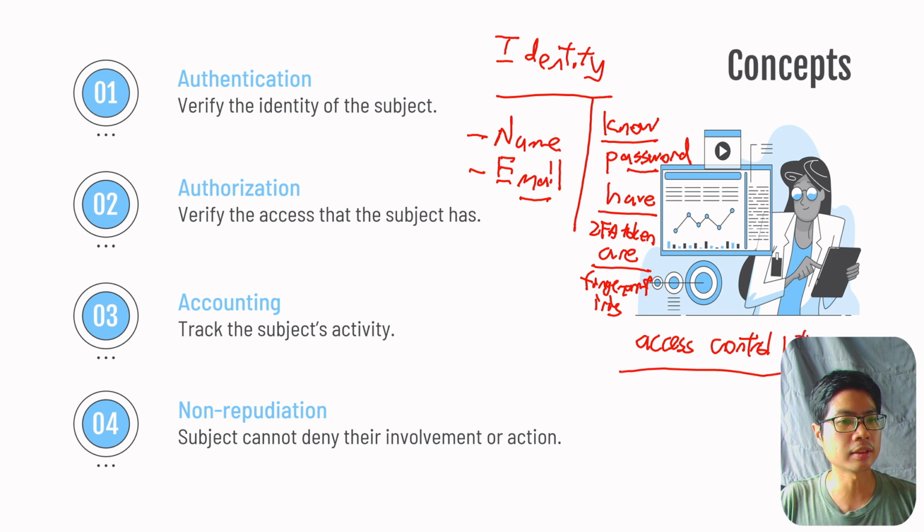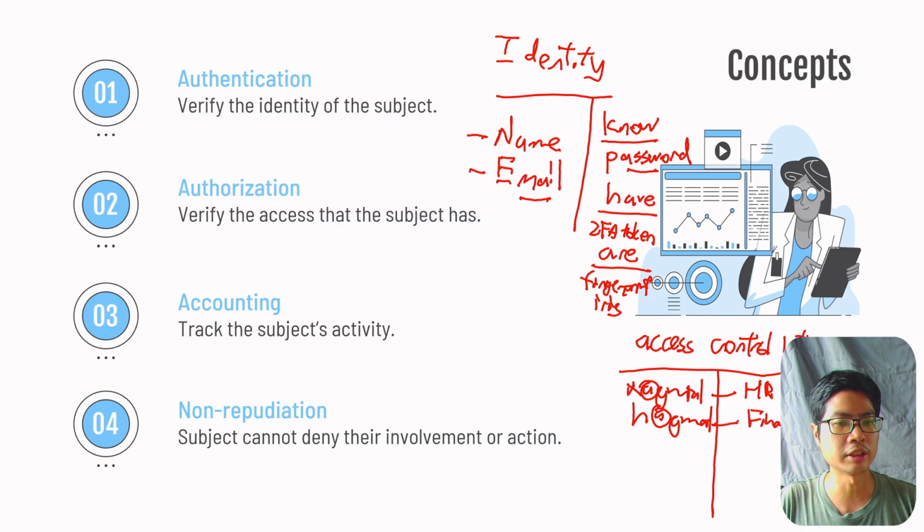It will state, for example, that a certain identity such as X at Gmail has access to HR documents, since he's in HR. And maybe H at Gmail has access to finance records, since he's in the finance department, and so on and so forth. So you specify who has access to what kind of objects in the organization itself.